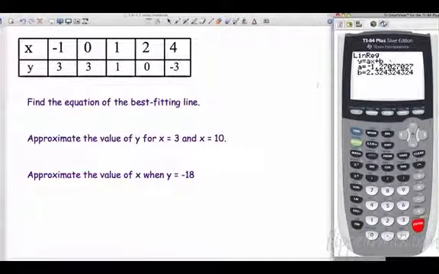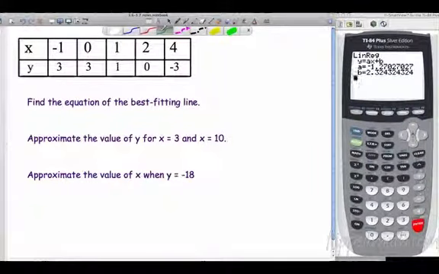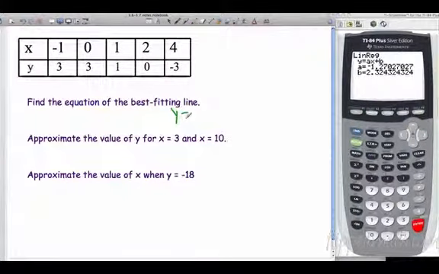Now we're going to have to do some fancy math here. We have my line of best fit, y equals, my a is negative 1.3, and the 2.3 for b. So there we have our line of linear regression.